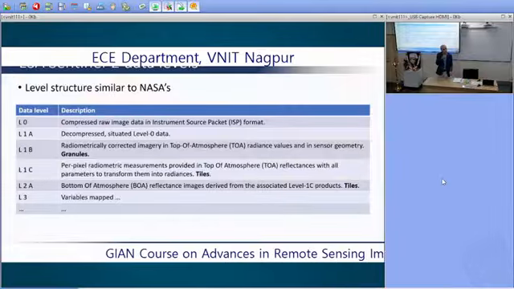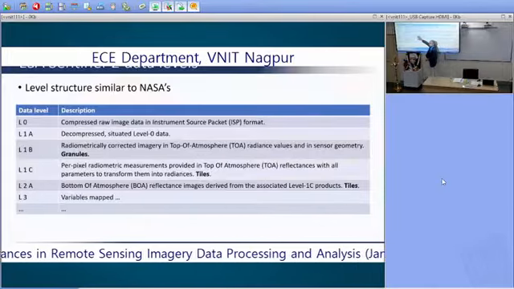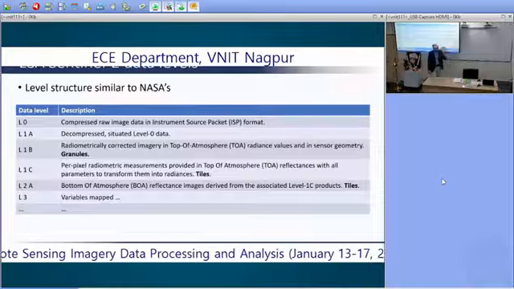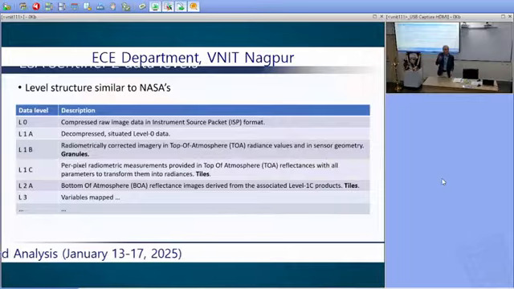You may want to do your own correction. That is the other reason why level 1C data is available.